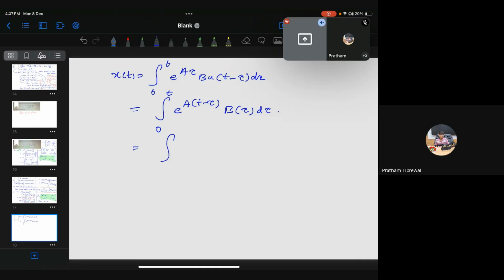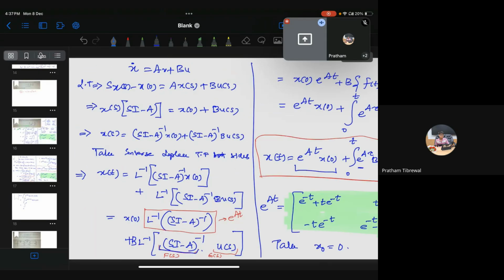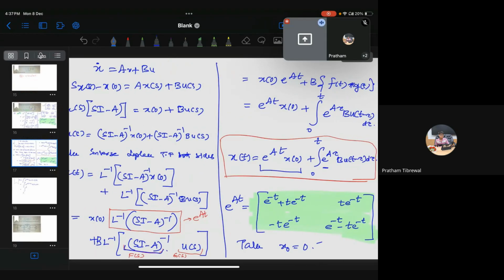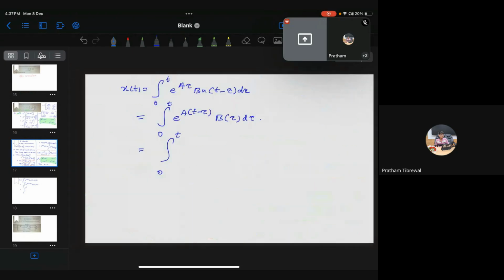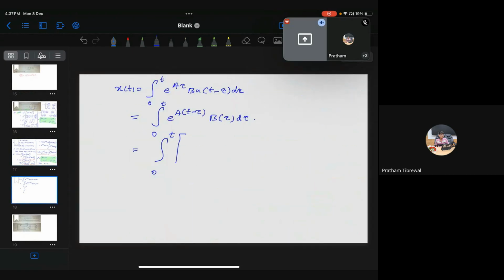So we already have this expression e power at. Wherever there is a t, substitute t minus tau. So you will get e power minus t minus tau.